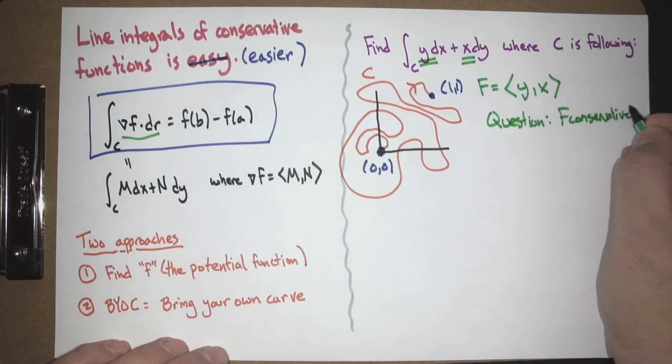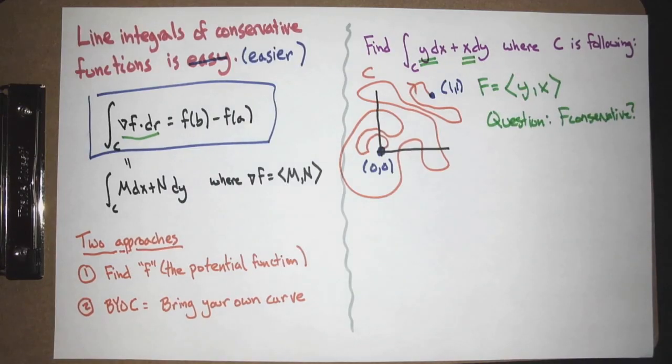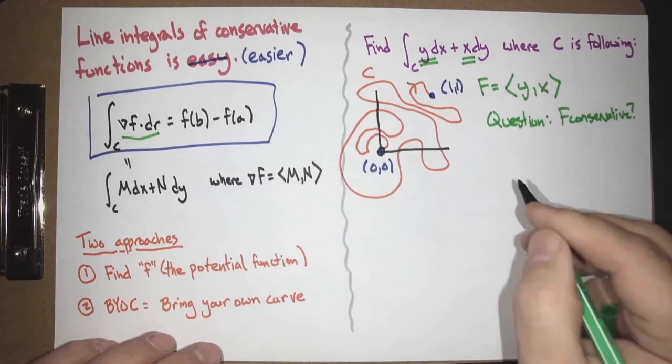In other words, can we find something so that we take the gradient of that function and we get capital F out? We'll go through and be systematic about it. Right now, we can be somewhat naive about it. Is there anything that looks reasonable that we can try? Now, think about what would happen.